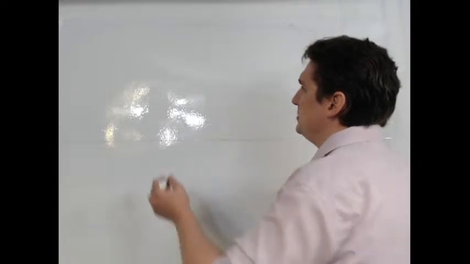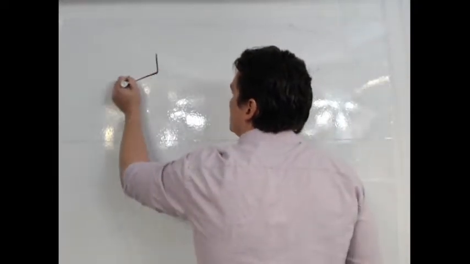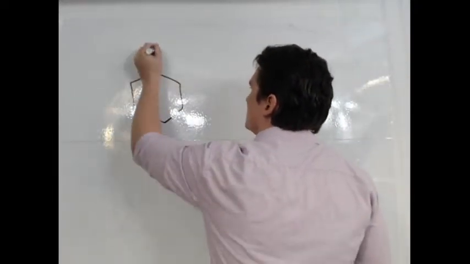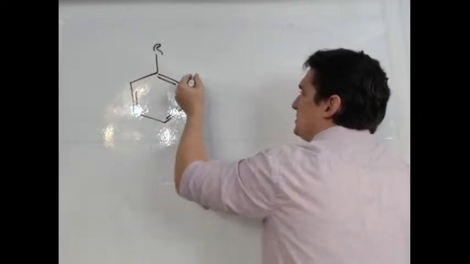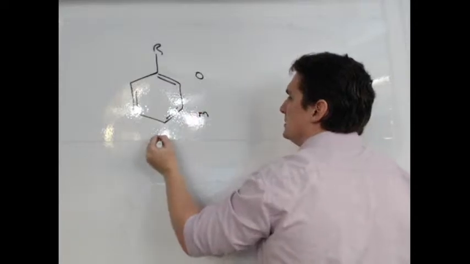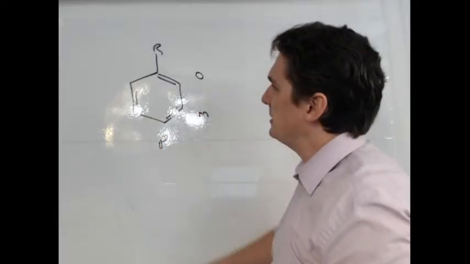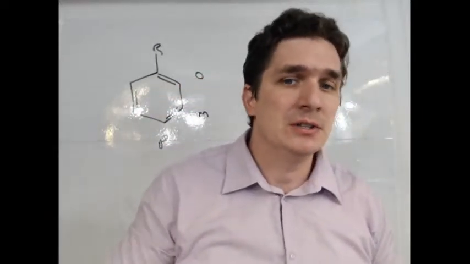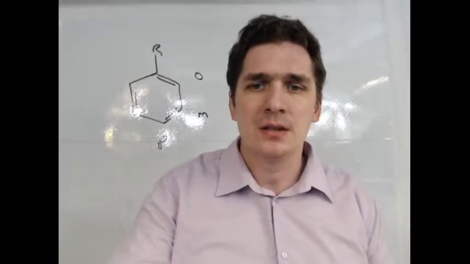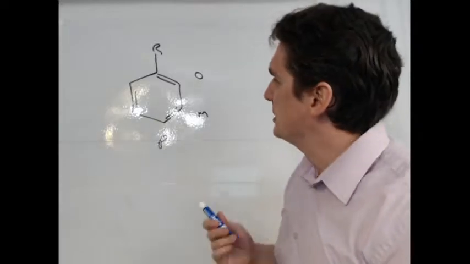So electron donating and withdrawing, let's say we have a benzene ring. And the three positions here are ortho, meta, and para. If you haven't learned this acronym yet, ROMP, R-O-M-P, it helps you quickly identify where the positions are relative to that R group. So electron donating versus electron withdrawing.